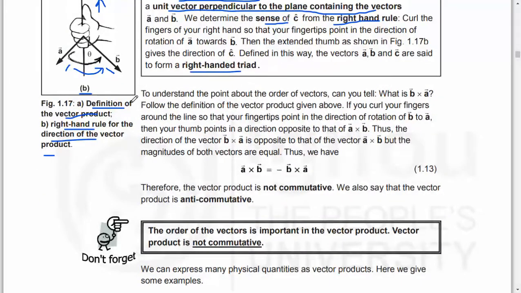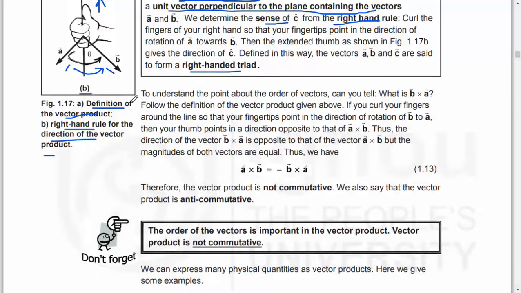To understand the point about the order of vectors, can you tell what is B cross A? Follow the definition of the vector product given above. If you curl your fingers around the line so that your fingertips point in the direction of rotation of B to A, then your thumb points in a direction opposite to that of A cross B. Thus, the direction of the vector B cross A is opposite to that of the vector A cross B, but the magnitudes of both vectors are equal.